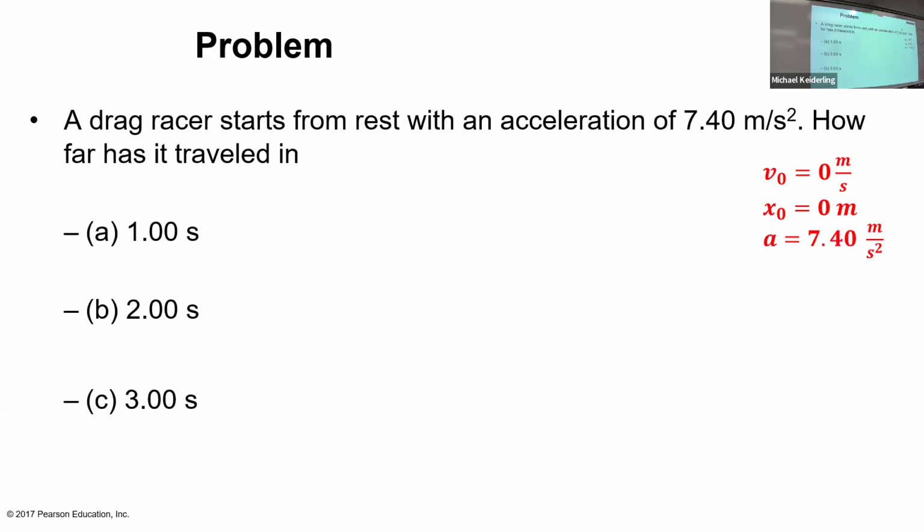We know our acceleration is 7.4 meters per second squared, and we know our time is 1 second, 2 seconds, 3 seconds. We're interested in position. So, given that we know initial position, initial velocity, acceleration, and time, we're going to want to use this equation.